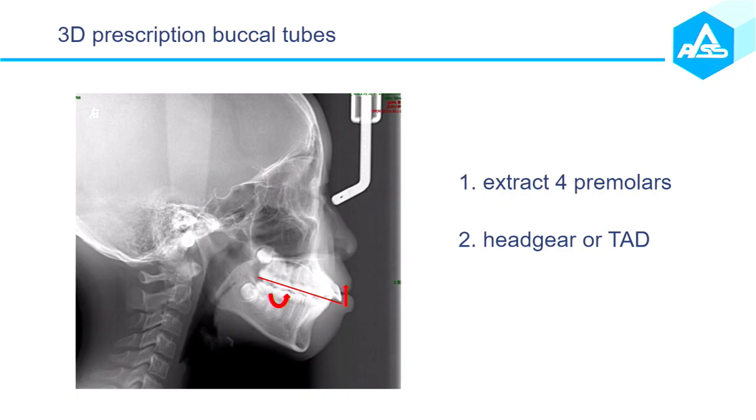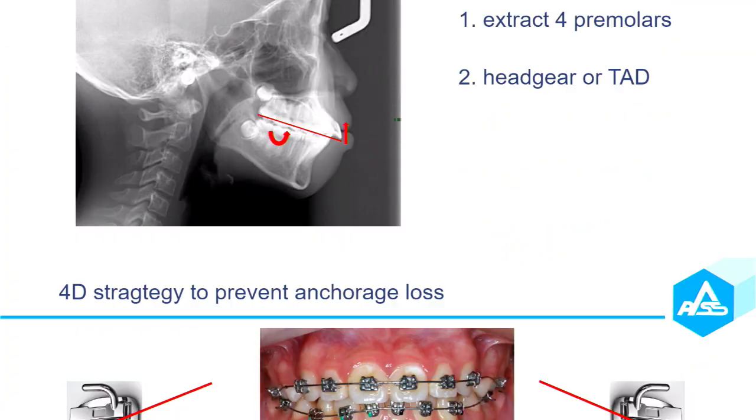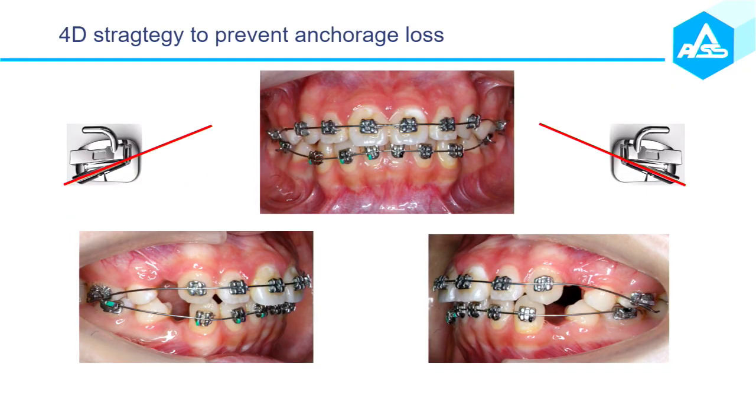You add headgear or TAD to push molar back, right? But now you have a new method, 4D strategy to prevent anchorage loss. You can use XBT buccal tube, the -25 degree round tube to prevent molar forward tipping during growth.